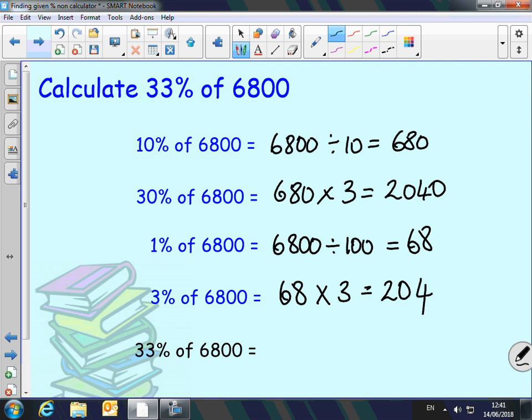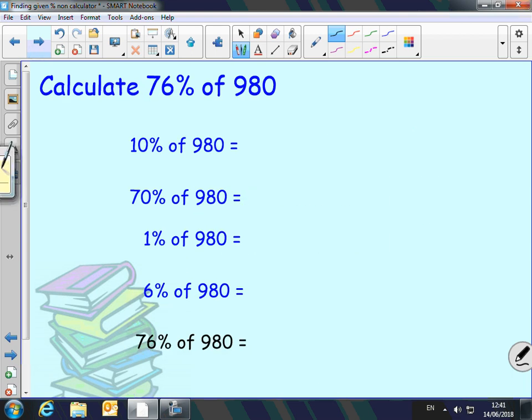And your final answer, we're going to add our answers from 30% and 3%. So we have 2,040 plus 204 to give you your final answer of 2,244.